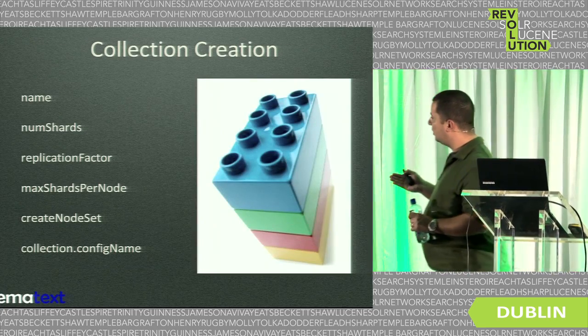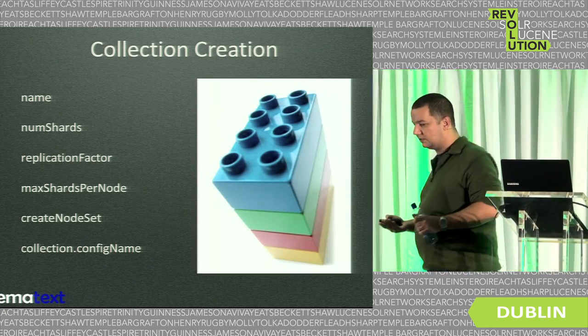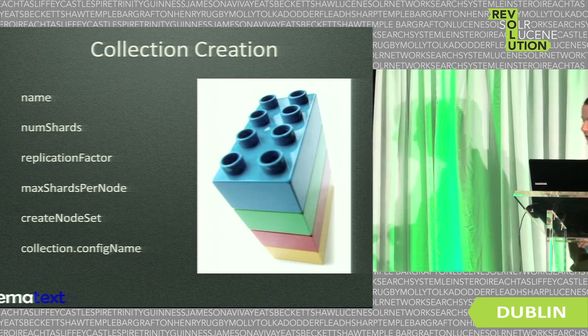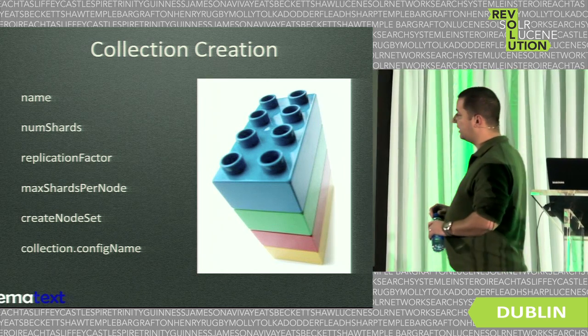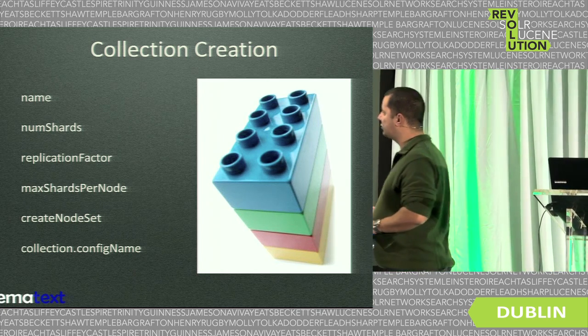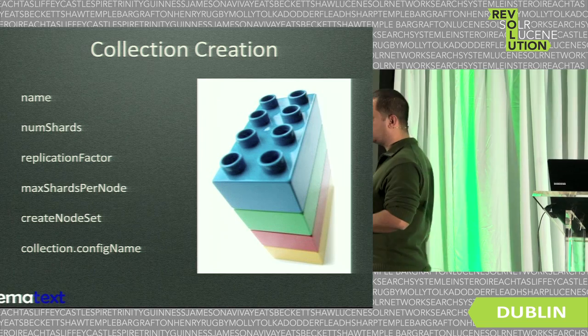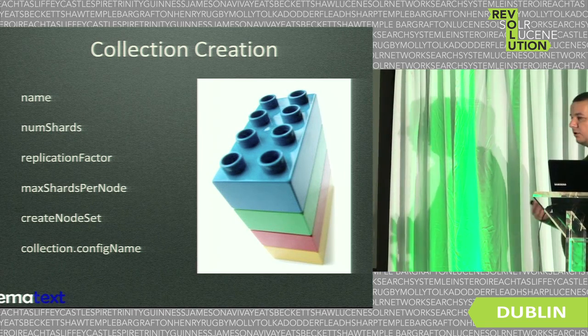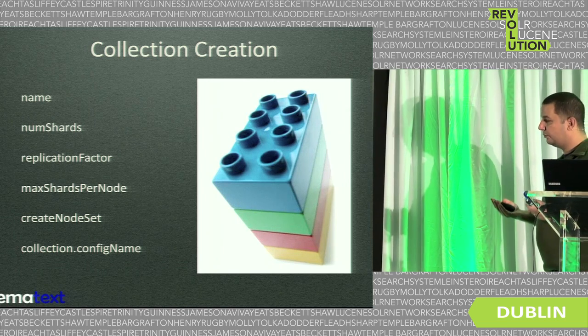The most used command is the collection creation, and it exposes a few parameters. The name, which is the name of the collection that should be created. The number of shards, which, as I said earlier, is the property that specifies the number of shards the index will be divided into.